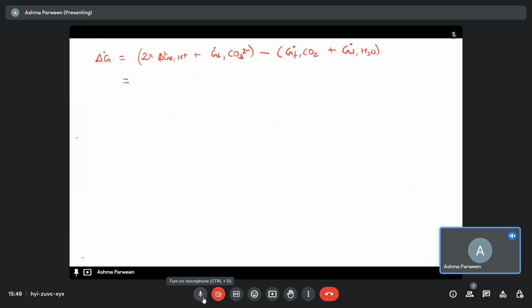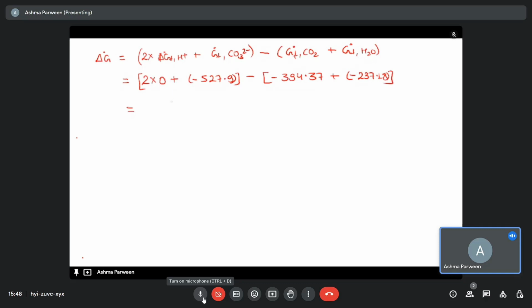So we have been given the values, we just have to put them in.